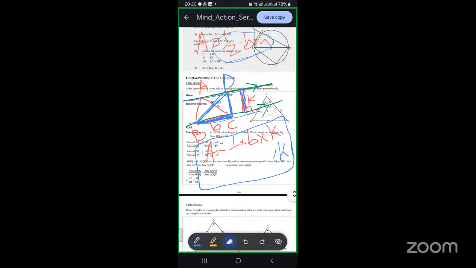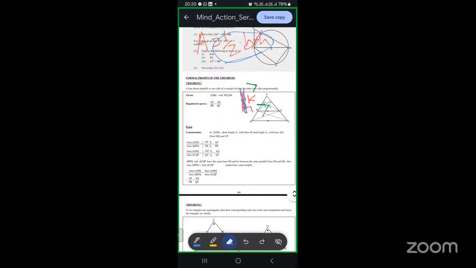So this is what that line is saying there. Now it only took these triangles, this one and this one. That's what they were saying, that triangle BPQ and triangle CQP have the same base PQ, which is this line here.